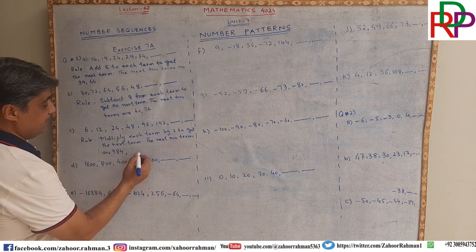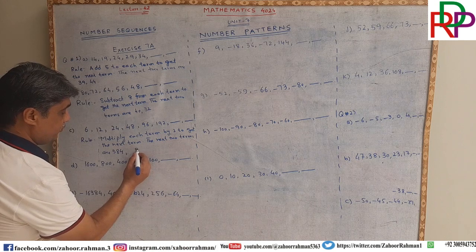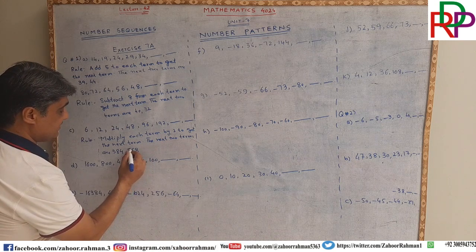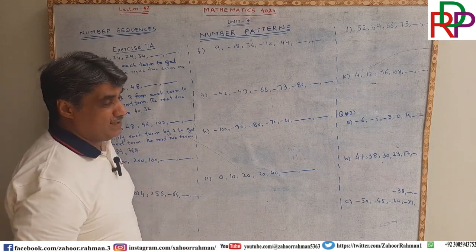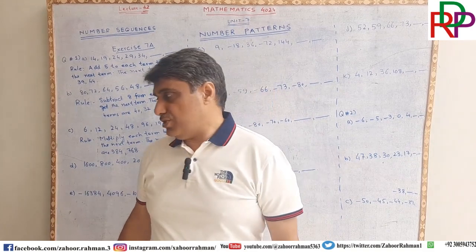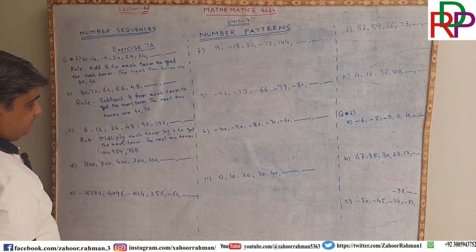And when we multiply this term by 2, the next term will be: 2 fours are 8, 2 eights are 16, 2 threes are 6, and that is 768. So in this way you can get the next two terms.